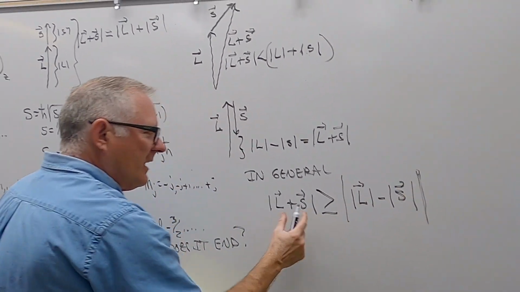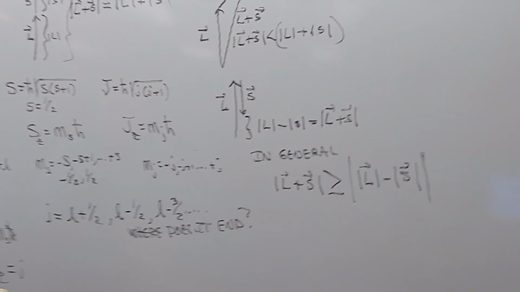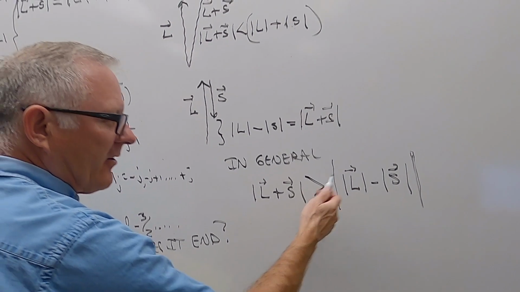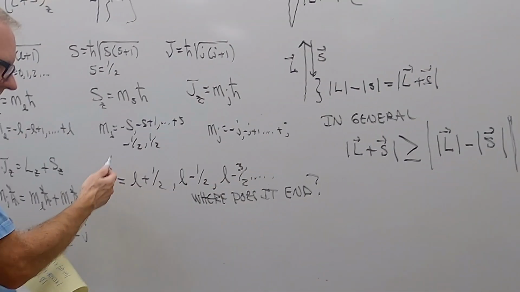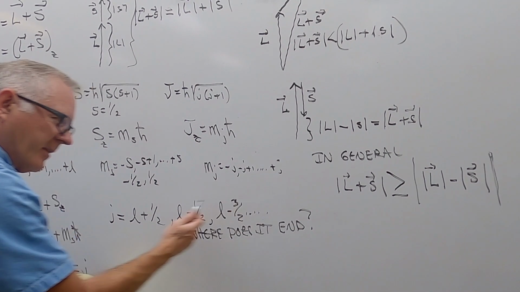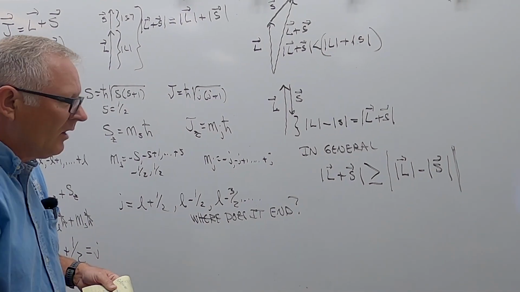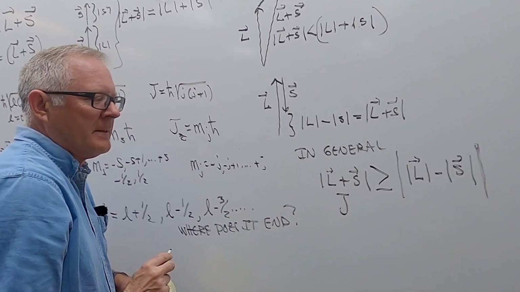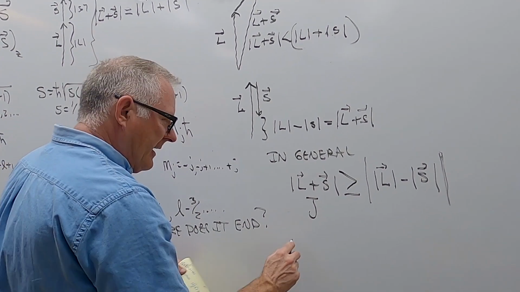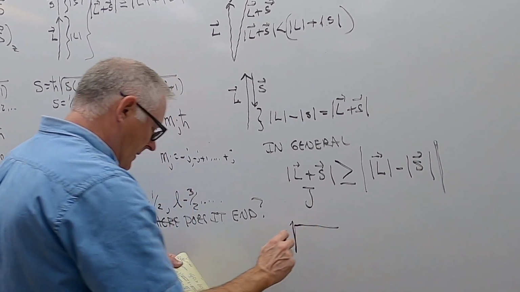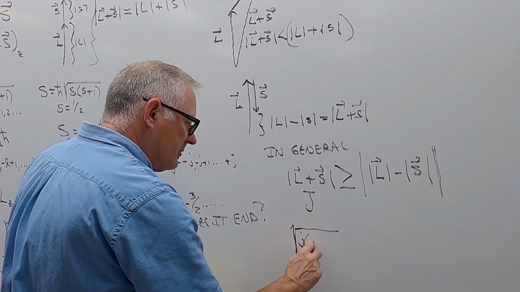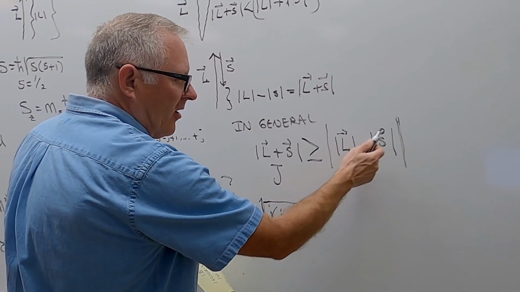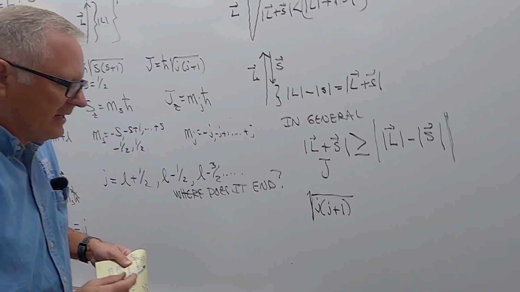Okay, so this right here, L plus S is J, and so this is going to tell me J has to be bigger than something, which is what I wanted, because remember, this is the biggest and it gets smaller and smaller. Now if we plug in, we get the square root of J times J plus 1 H bar. I'm going to get an H bar in all three terms, so I'm just going to cancel those out.